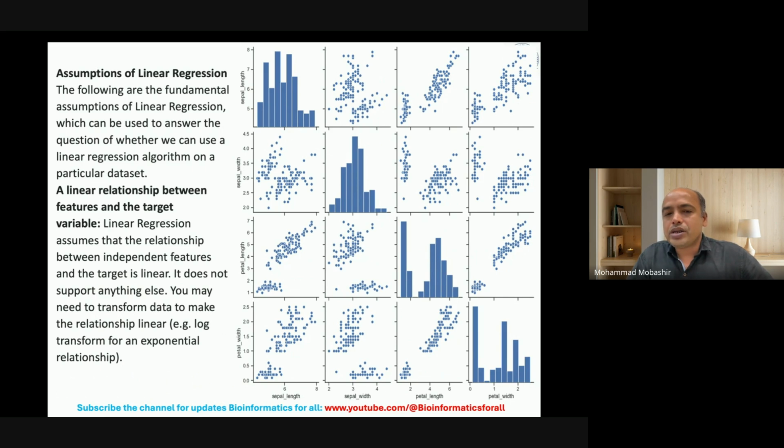This depends on the goal of your project and the nature of data. So this is what you need to understand, and that is why I have introduced all these points, which are mostly used for data science or data analysis purposes.